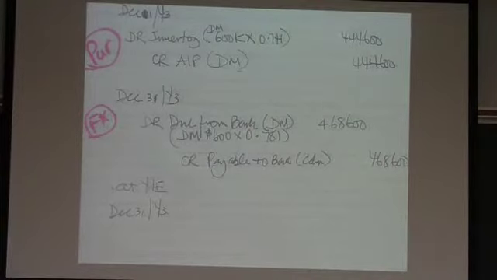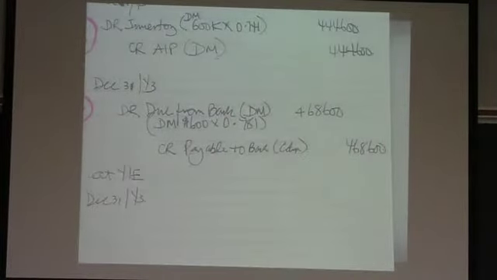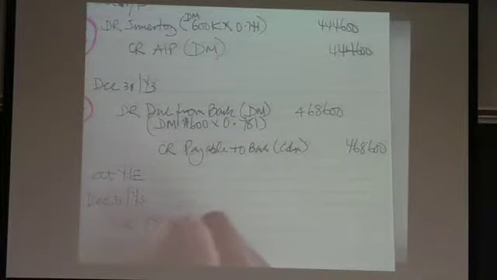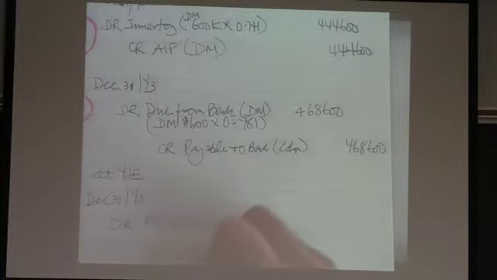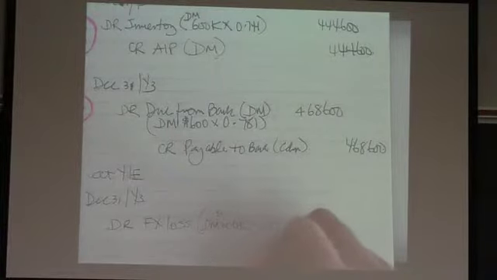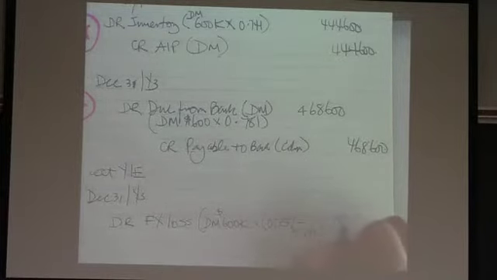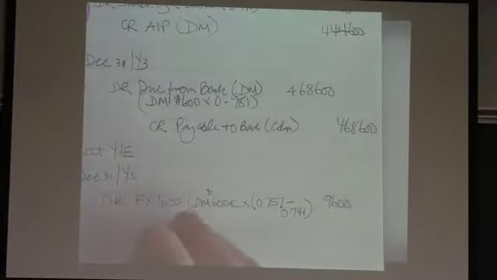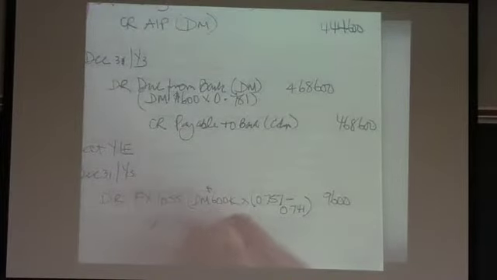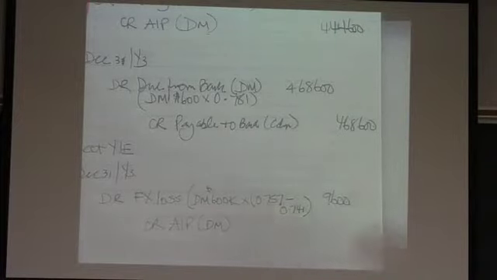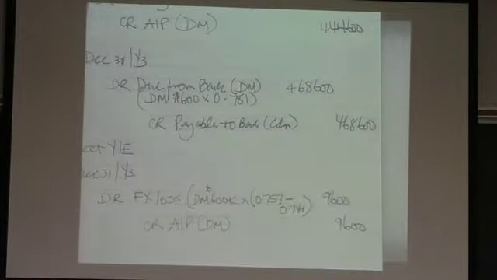The fact that the exchange rate went up means I need to pay more. So I'm going to debit FX loss, which is DM 600K times the difference between 0.757, the year-end spot rate, minus 0.741. That gives us $9,600. And I'm going to credit accounts payable DM for $9,600.